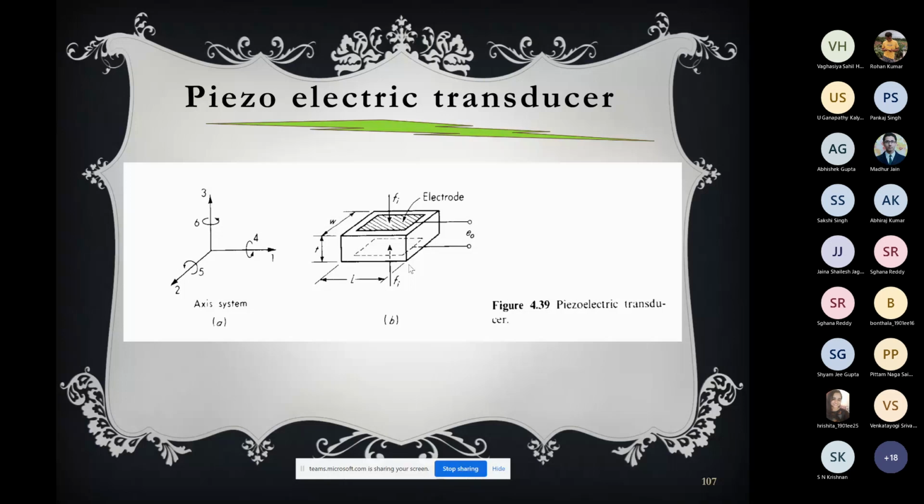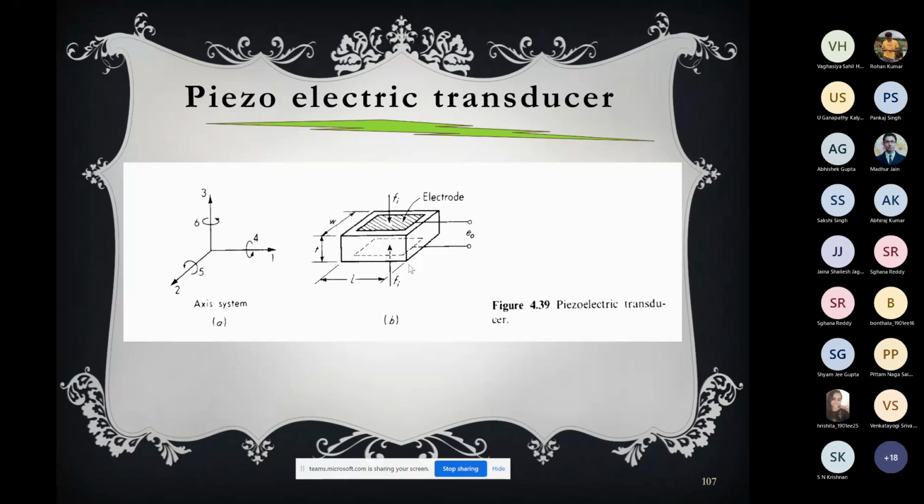This is not a property of all solid materials, only a few. Piezoelectric means generation of electric charge by means of pressure. If you take an iron rod and deform it, it will definitely not generate electric charge. So a few solid materials, when deformed, generate electric charge.